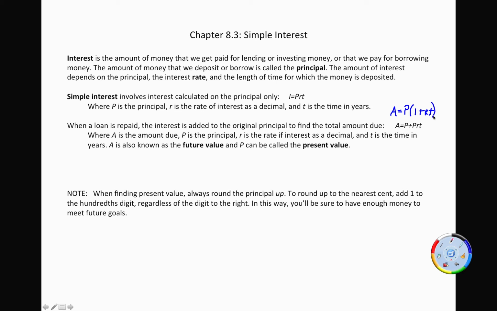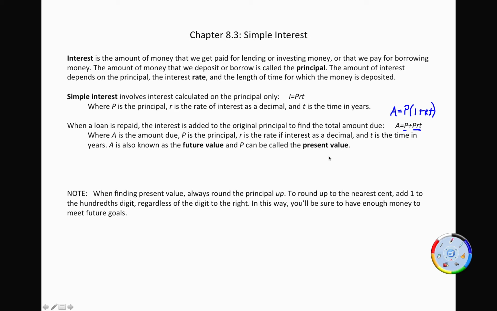So you may see it like this some, but this is the easiest way to use and remember that formula because it's simply the interest plus the principal. A, of course, is the amount due, P is the principal, R is the rate of interest as a decimal, and T is the time in years. A is also known as the future value, and P can be called the present value.